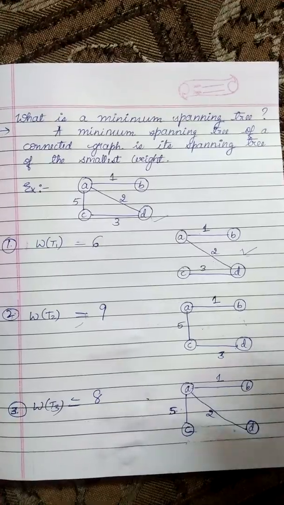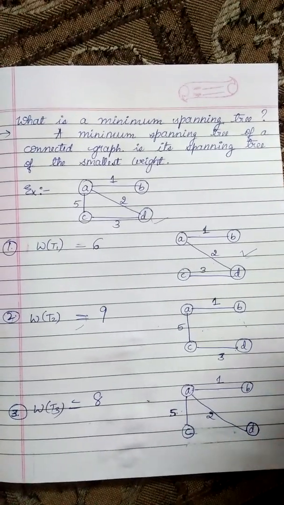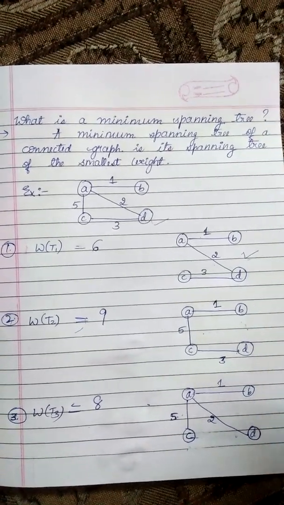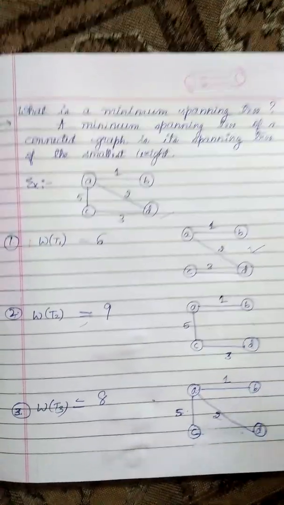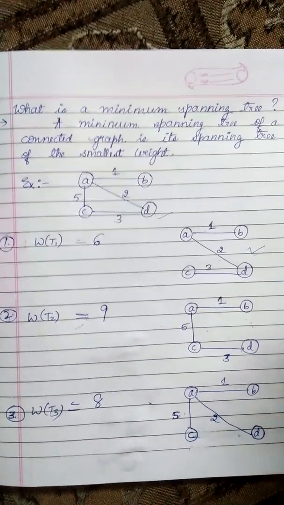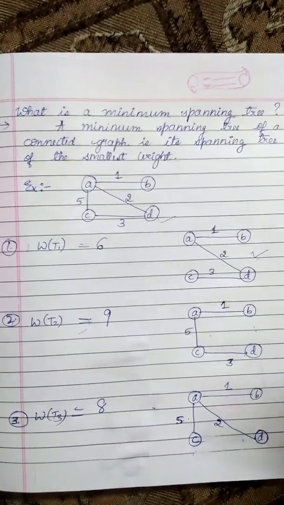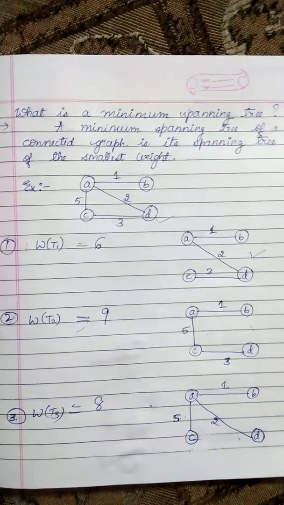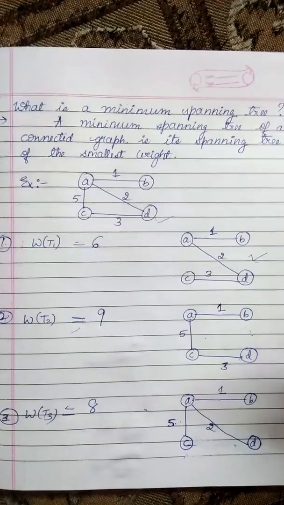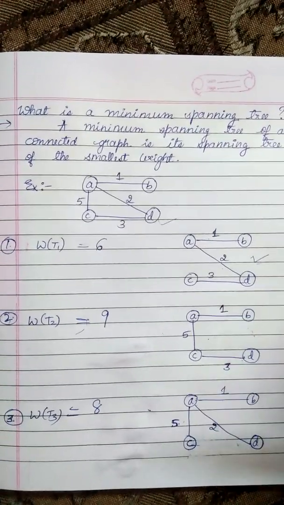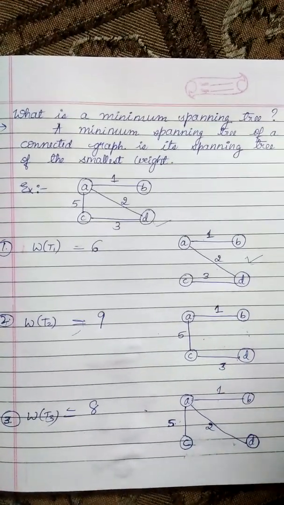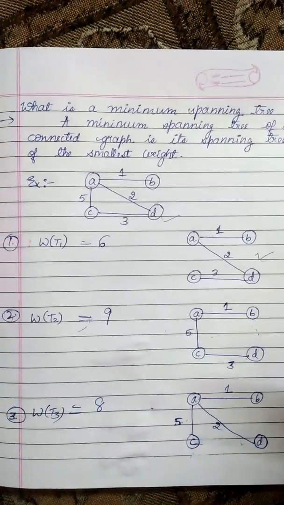A minimum spanning tree problem is the problem of finding a minimum spanning tree for a given weighted connected graph. Now, when finding a minimum spanning tree by taking all the possibilities, there exist some problems.